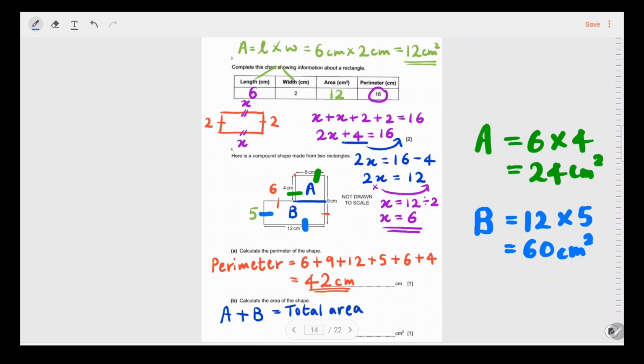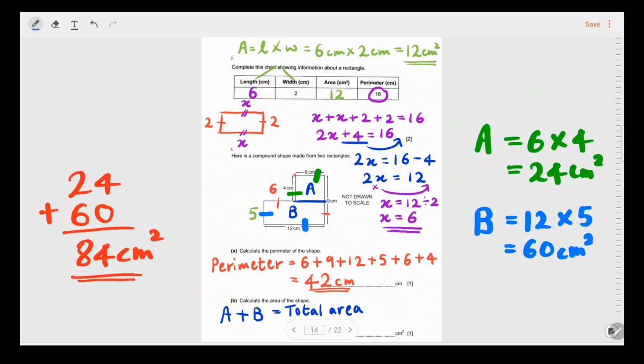And now that I know the two rectangle areas, I can add them together to find the total area, which is 24 plus 60, which is 84 centimeters square.